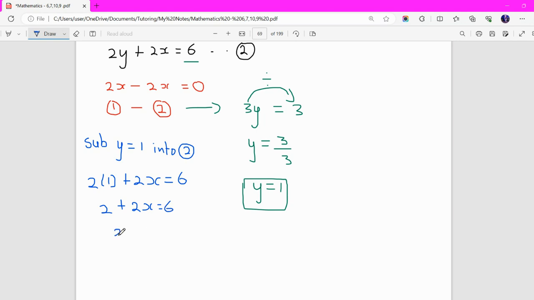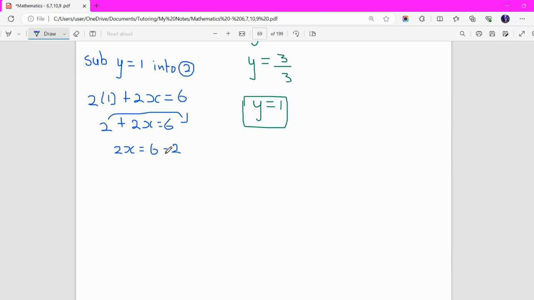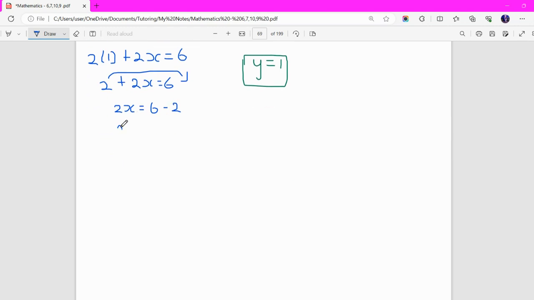So therefore 2x is equal to 6. We are carrying across this positive 2 here, so it now becomes minus 2. Right, so it's now 2x is equal to 6 minus 2. So therefore 2x is equal to 6 minus 2, which is 4.